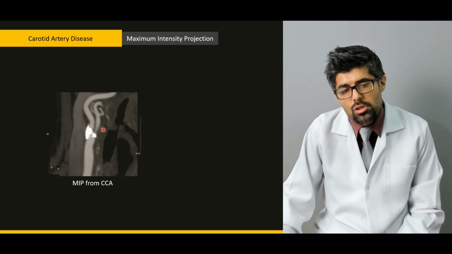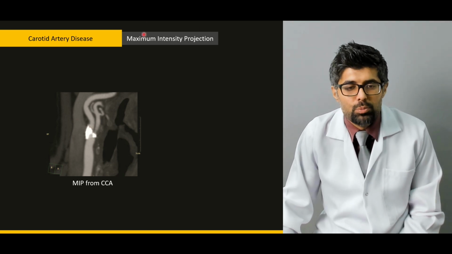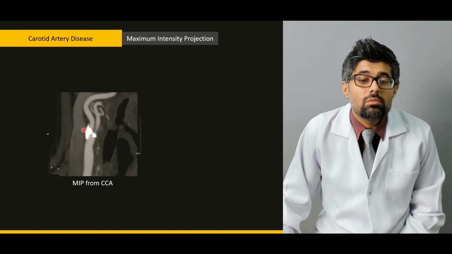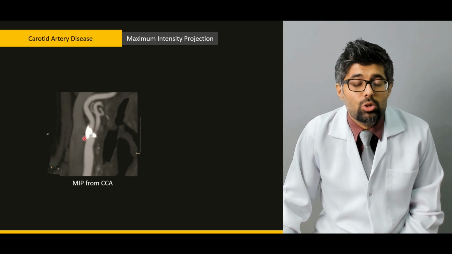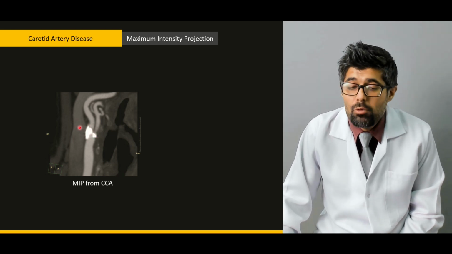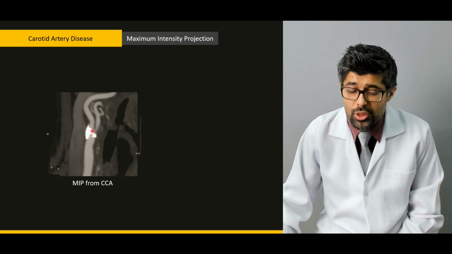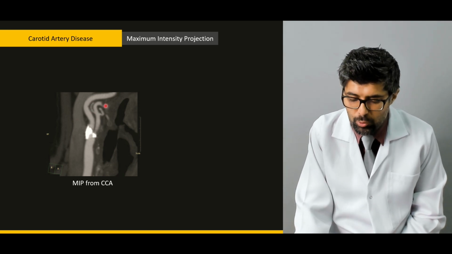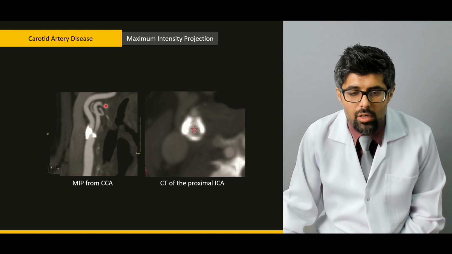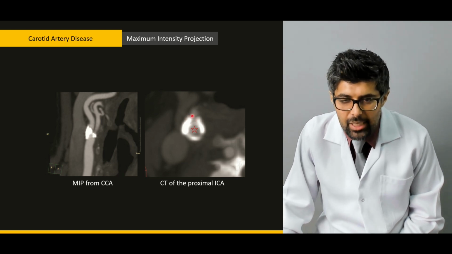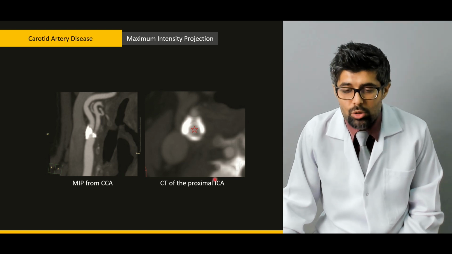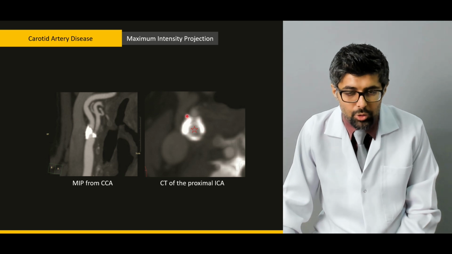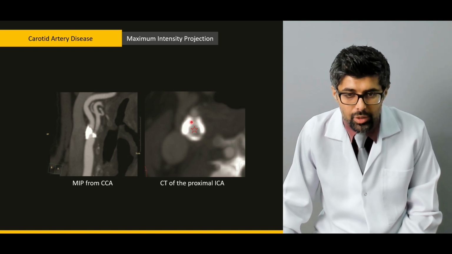At its bifurcation, with this windowing option, we can see that there is some atherosclerotic plaque, and that plaque is causing both the stenosis and the narrowing, which is causing reduced blood flow in both the branches of the carotid artery. Here is the CT scan of the same, but it's an axial of the proximal internal carotid artery, and it also shows these atherosclerotic plaques around its lumen.